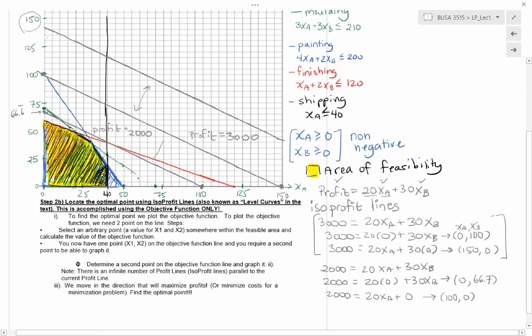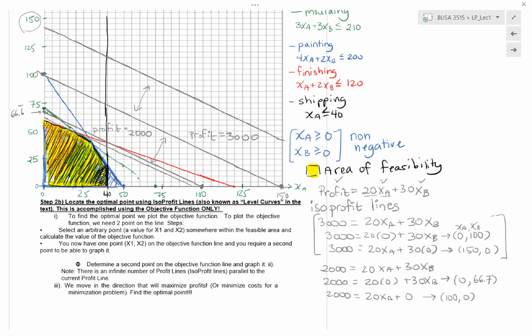Notice that the isoprofit line at 2,000 is parallel to the 3,000. So you'll notice a movement here in how the profit changes. What we can do is figure out which direction the isoprofit lines are running in. Forgive me, that's a little bit squiggly. And that helps us see where our optimal solution is.